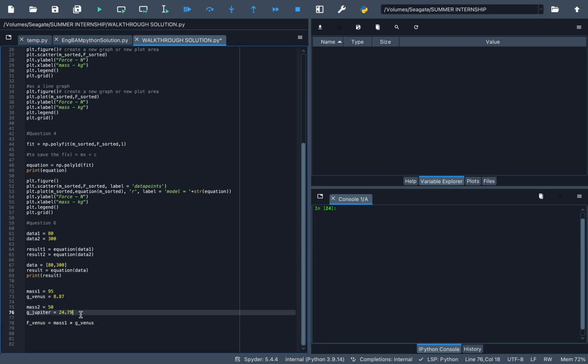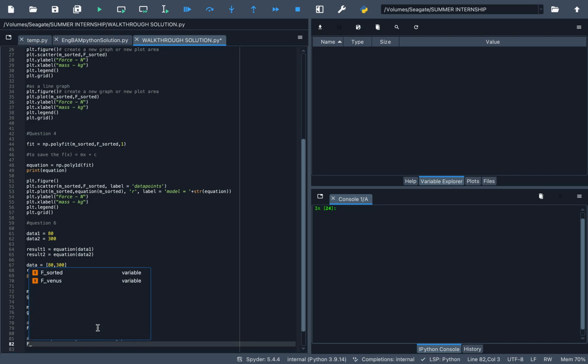Just to give a bit of follow through with our code, I'll label this as force experienced by astronaut on Venus. Then I can come here and say the same thing: force experienced by astronaut on Jupiter.